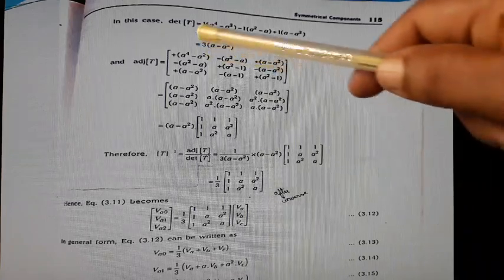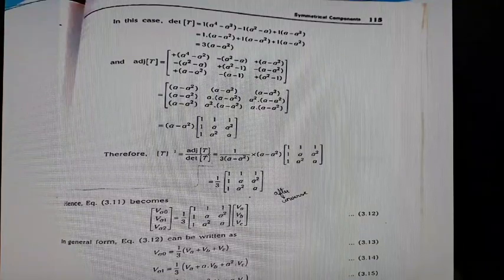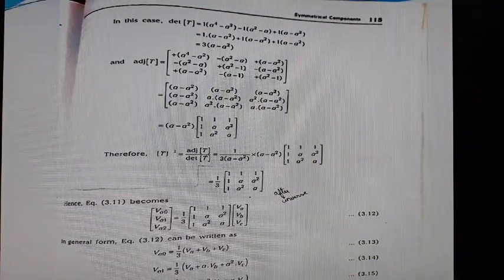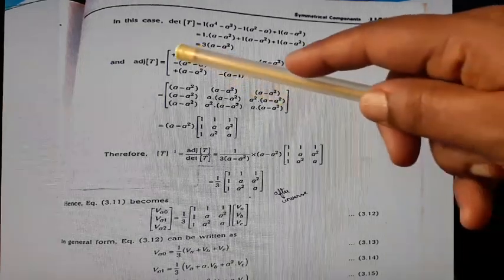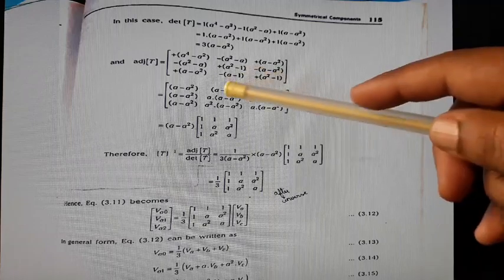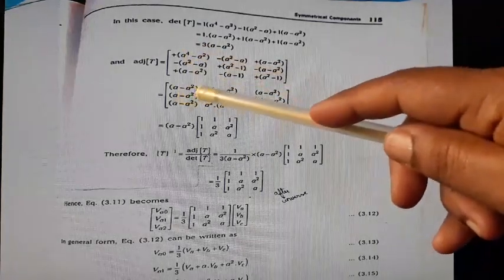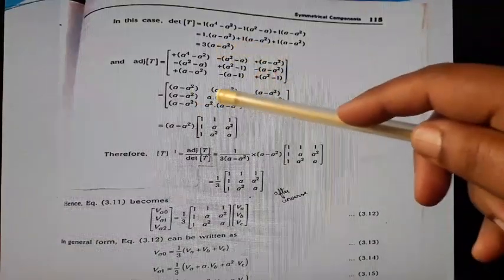Here we substitute some of the relationships we derived while explaining the operator a. Since a power 4 is the same as a, this becomes a minus a square, and taking the minus inside, a minus a square.